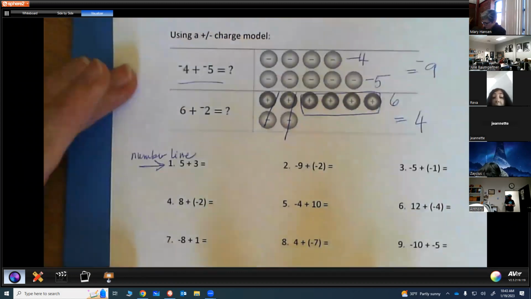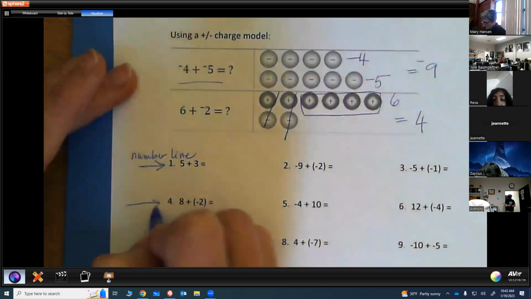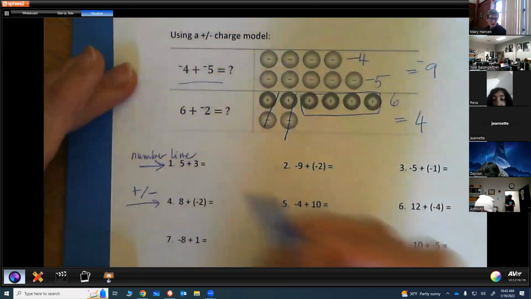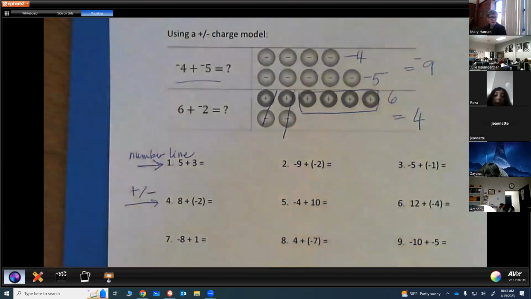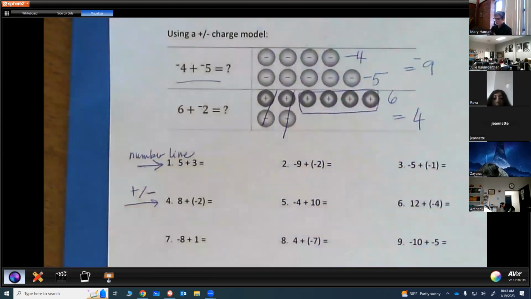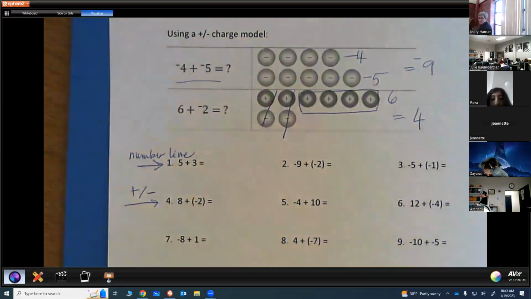And then the next 3, I want you to try the plus and minus charge model. And then we'll talk about those. And again, we're going to eventually build up the rule that you need in order to do these in your head. So just try the number line and try the other one. See what you think about them.